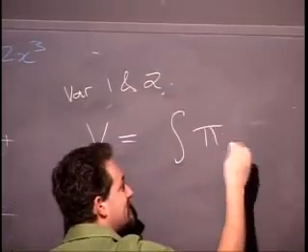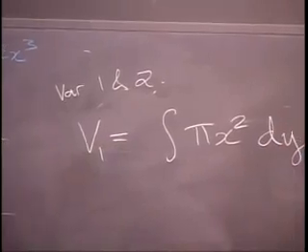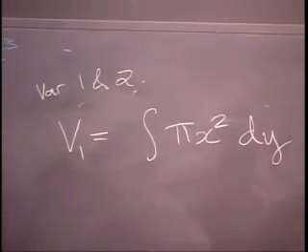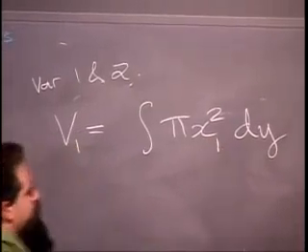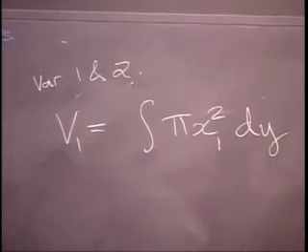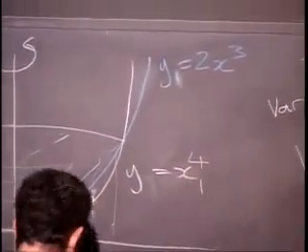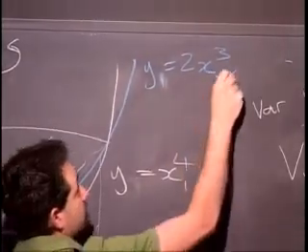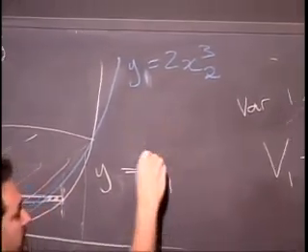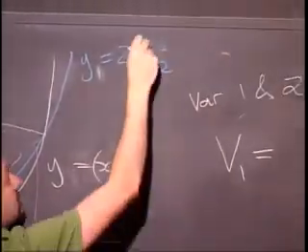Pi y squared dx becomes pi x squared dy, because we're switching x and y. But what is x, and where is the integral from? Well, let's just call it x1. And instead of calling them y1 and y2, get rid of the subscript, and instead call them x1 and x2. That's x2. This looks a bit confusing. x1 to the 4th power, x2 cubed.